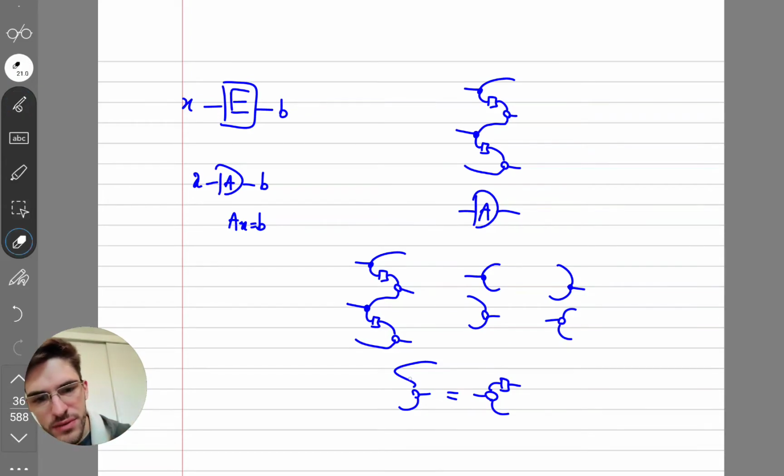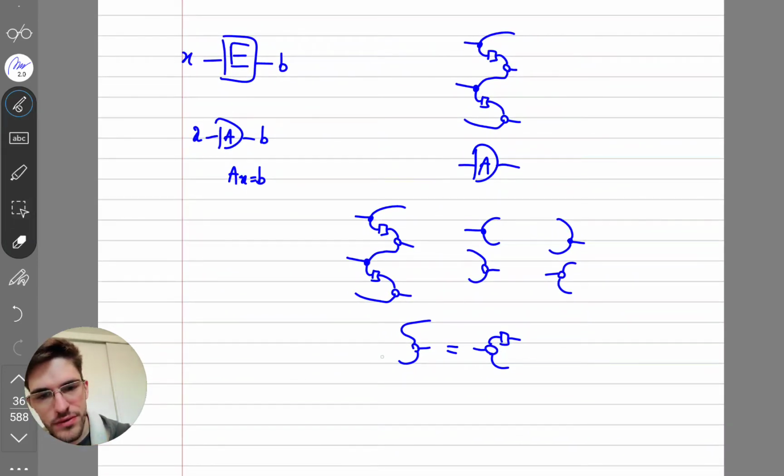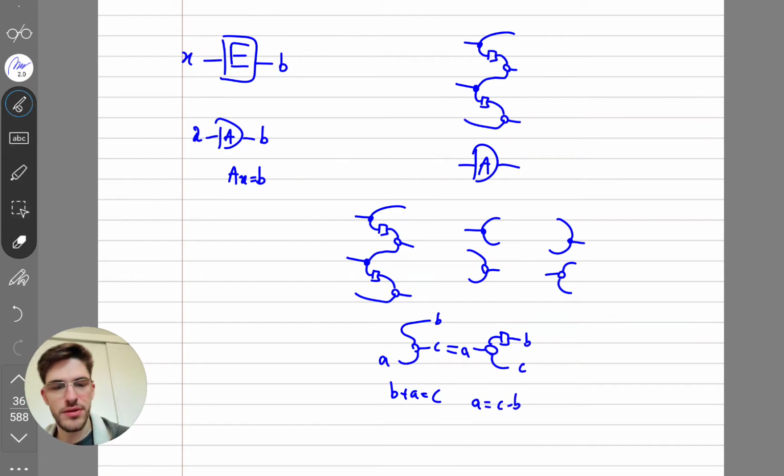I guess I could justify why this is true. You just write it, and that's like A, B, C. This is B plus A equals C, right? And this is A equals C minus B, which is indeed the same equation. So those two graphical equations are identical.